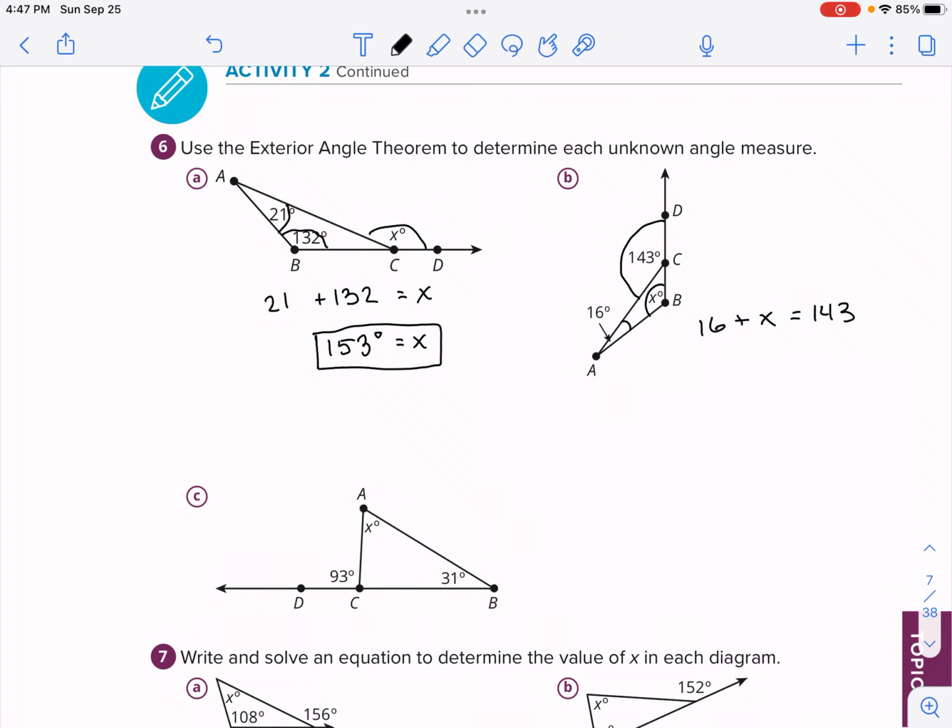So you have to think, 16 plus what is 143? For this, I'd have to subtract the 16 from 143 to figure it out. We'd have to borrow. So this will become 13. 13 minus 6 is 7. And 3 minus 1 is 2. The 1 comes down. So x is equal to 127 degrees.